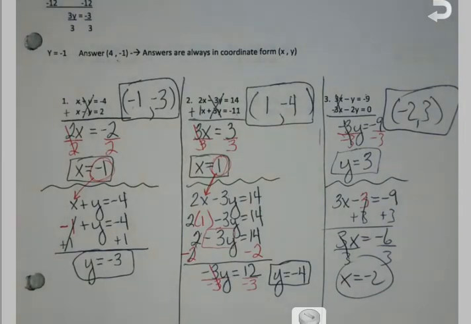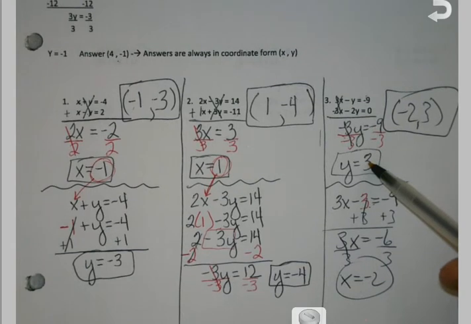Here's the other one. The other issue came in this step here where I've got this red 3. Some of you had the right answer for the first one, but when you went to substitute it in, you put 3x plus 3 because you saw this was a positive, and I can see why you would do that.